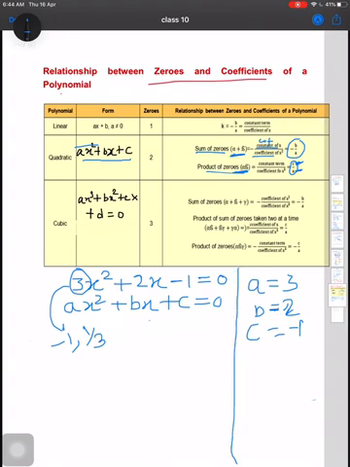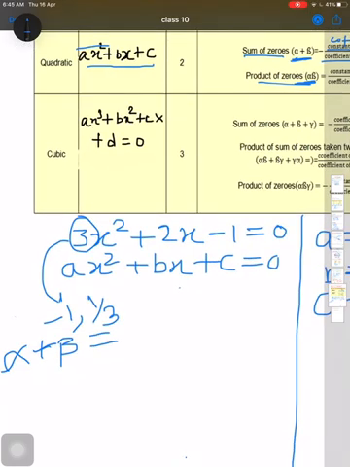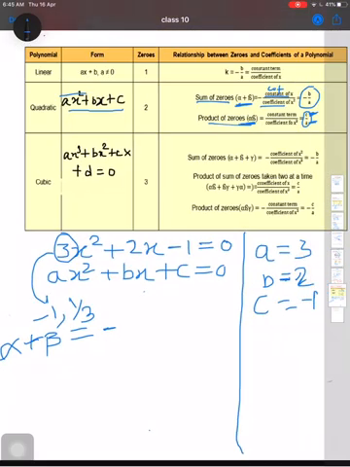Now I'll show you how you can verify this thing also. Previously I told you the zeros of this given polynomial will be minus 1 and 1 by 3. Now, as we know by the formula, the sum of the zeros will be minus b by a. So according to this formula, alpha plus beta will be minus b by a.